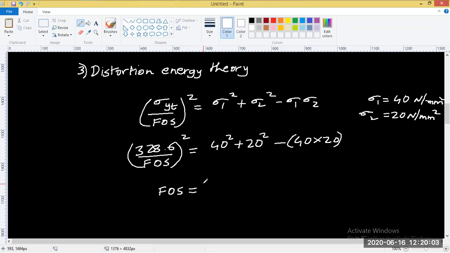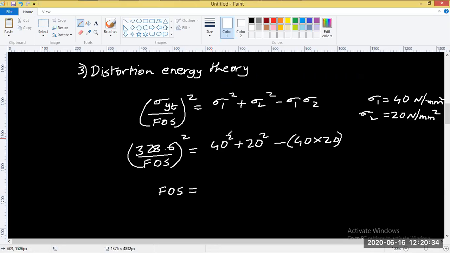What is our factor of safety? So let's do it first. Sending the square to the other side, and the square root of this whole thing. So let's say 40 squared plus 20 squared minus 40 into 20, square root of this, and 328.6 divided by this answer.